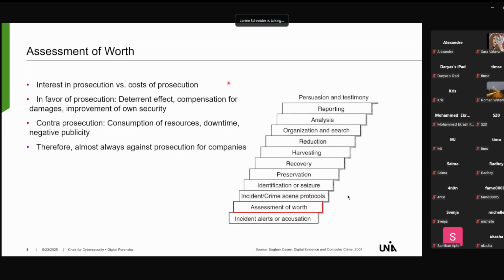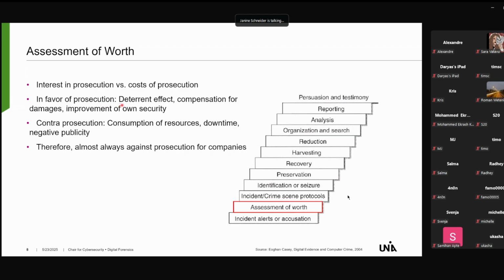They have to investigate. For prosecution, it's different. The prosecution, the Staatsanwalt, can decide if they pursue this or not. Okay. So in this step, the involved parties decide in favor of a prosecution.